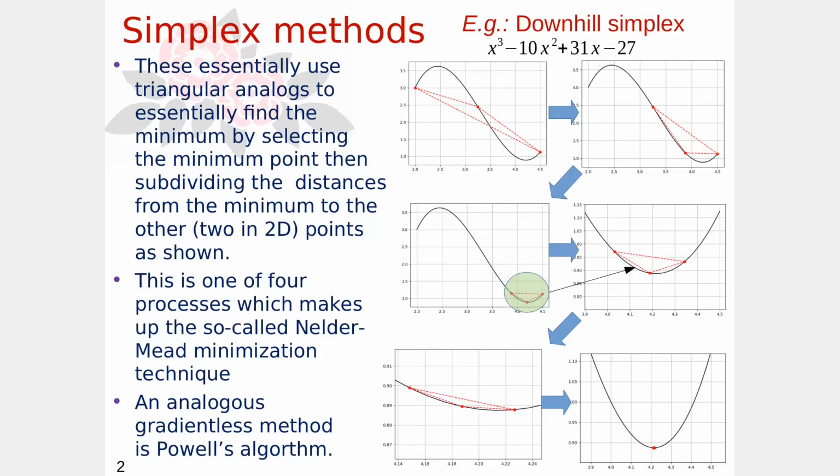So I think essentially the easiest way to see these things, the techniques we call the non-derivative techniques such as the Nelder-Mead, is to look at this in 2 dimensions, the so-called downhill simplex. These essentially use triangle analogues.